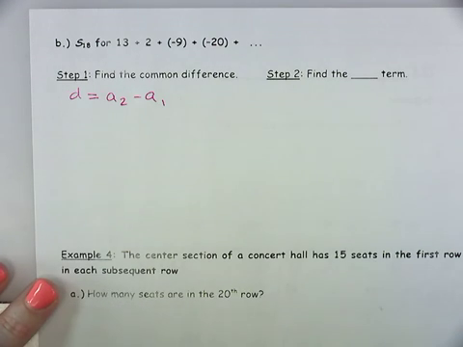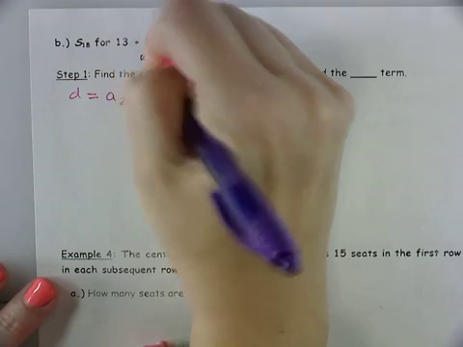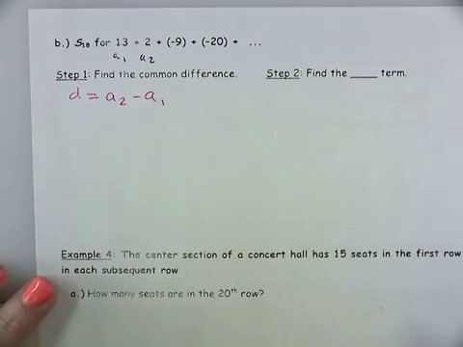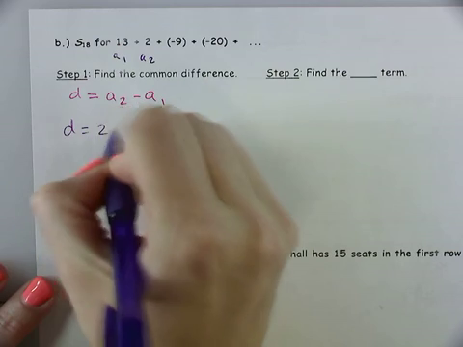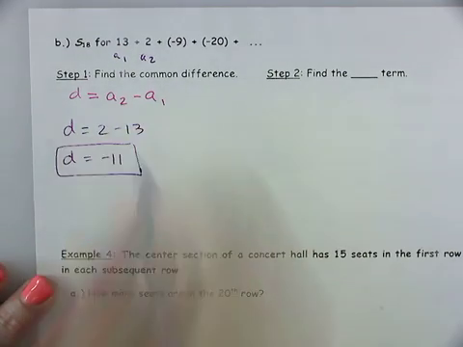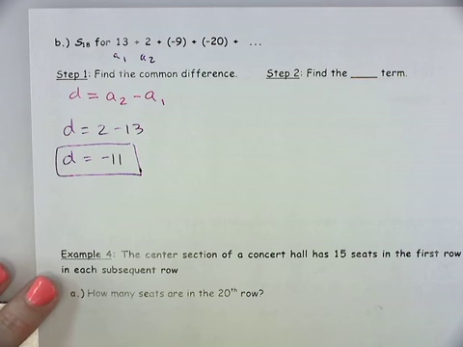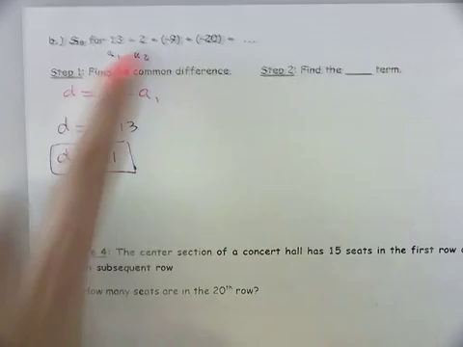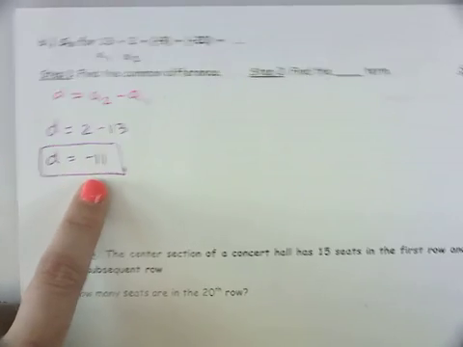A sub 2 is 2 and a sub 1 is 13. Good, so now I can just subtract them. 2 minus 13, which means my difference is going to be negative 11. Again, if it's going down, make sure that you do include the negative. Don't forget that.